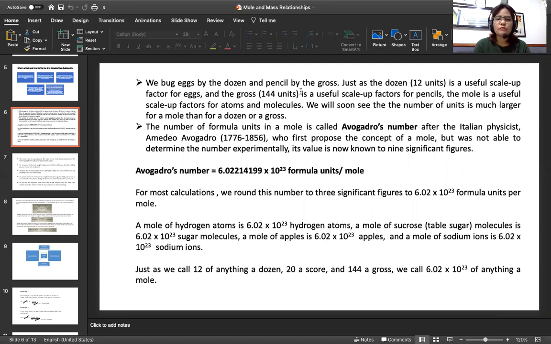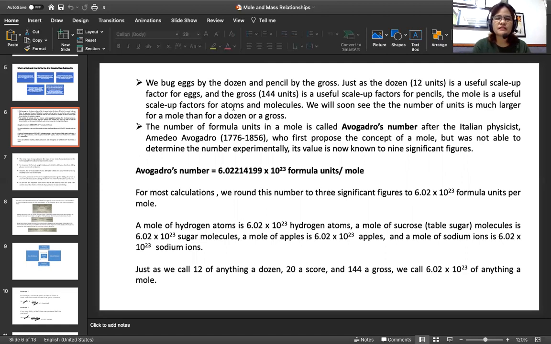Okay, so matic, pag sinasabing gross, it's made up of 144 units. So, dozen was used. If you're not going to buy this by pack, you use the word pieces or piece. Parang ganun yung mole, no?